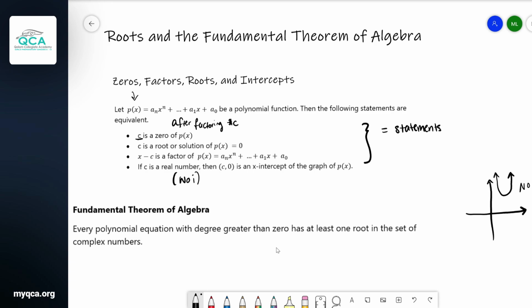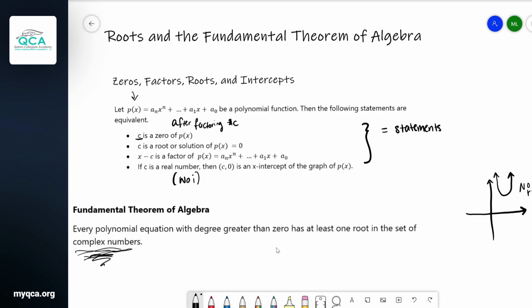So this parabola has no real roots. If it has no real roots, then it maybe has imaginary roots. But that's why I can say that it's always going to be in the set of complex numbers. I'm trying to emphasize that at least one of them is going to be in the set of complex numbers.